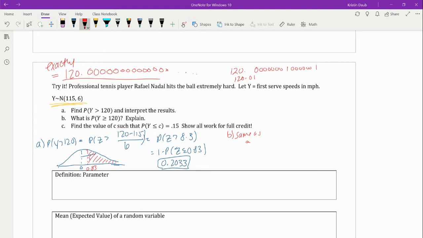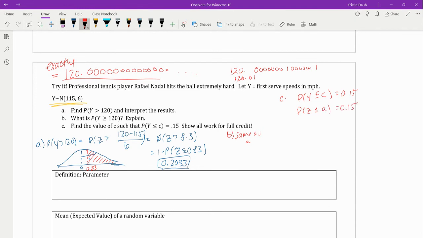Let's look at part C. We've done ones like part C before, but let's go ahead and look at it. We're looking for what speed c would have a 15% chance of occurring. So we're really looking for the probability that y is less than or equal to c equals 0.15. We're going to need to turn this into a z-score. I'm going to use a different variable because c is not going to be the same, maybe I'll use a.